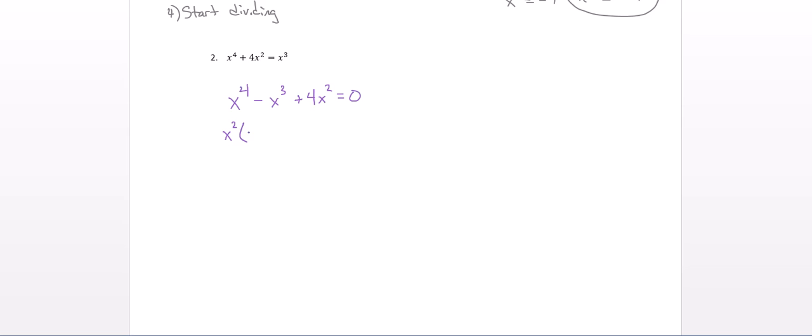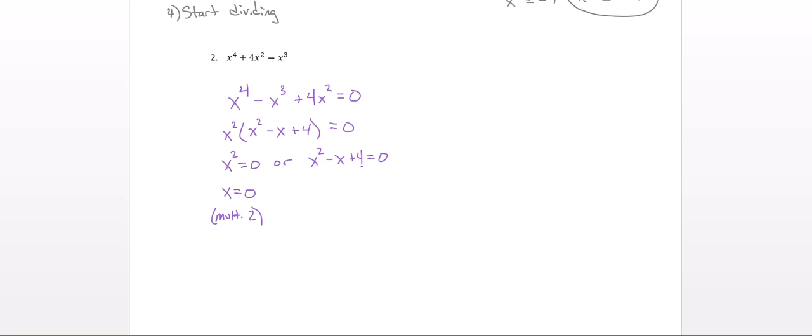I could factor out an x squared. Let it be easy, right? Start with the easiest part. Now, what I'm looking at is x squared equals 0, or x squared minus x plus 4 equals 0. x equals 0, and I'm going to put here multiplicity 2, so I know that the graph just touches at x equals 0 and then bounces off again.